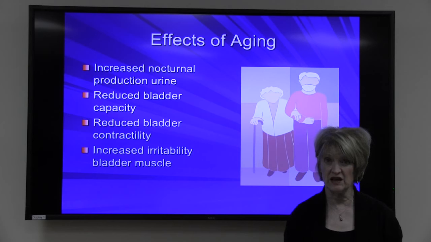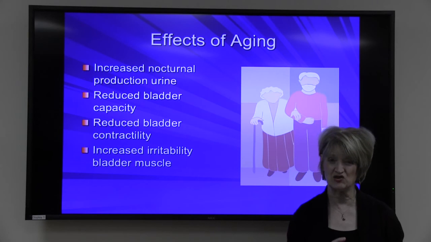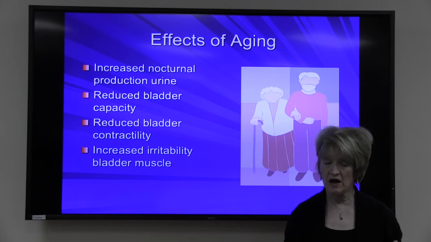The third thing is that the bladder doesn't contract as effectively. Again, just look at normal changes in muscle function. So it's common for people to have some degree of post-void residual. And that, again, translates into increased frequency. Not anything that's abnormal.